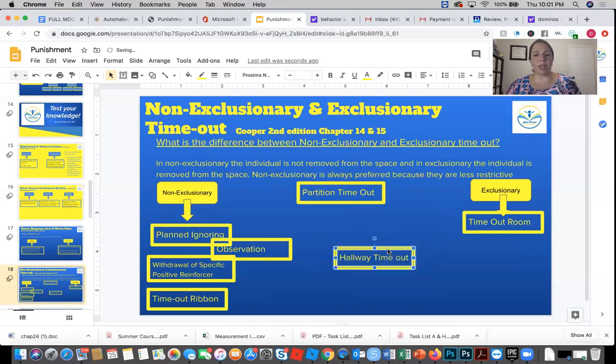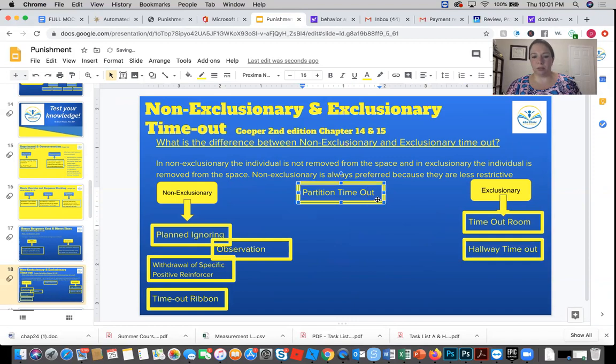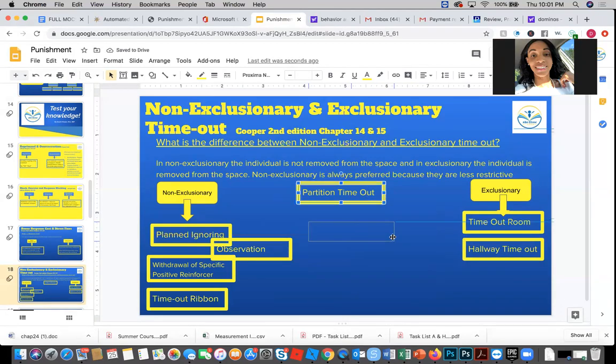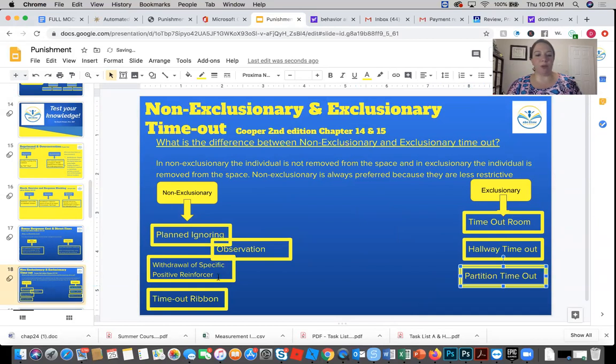And how about hallway timeout? Exclusionary. Okay, and then we have partition. Exclusionary. Correct, yes. So it is 3 under exclusionary and 4 under non-exclusionary.